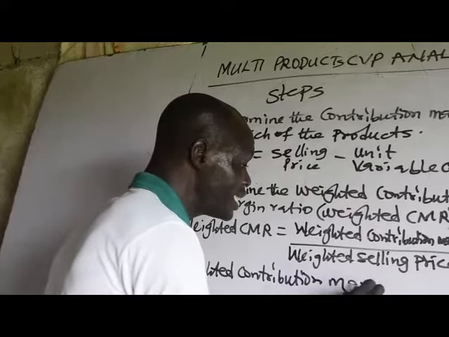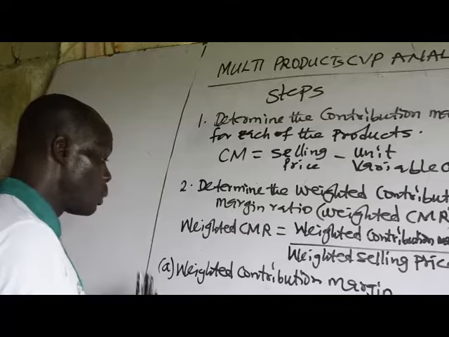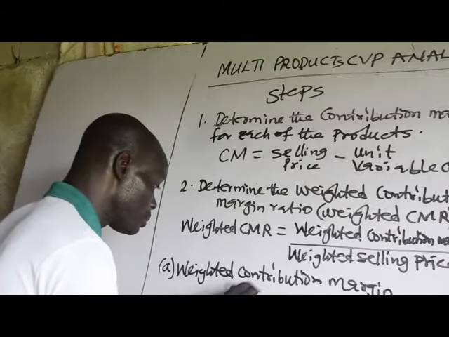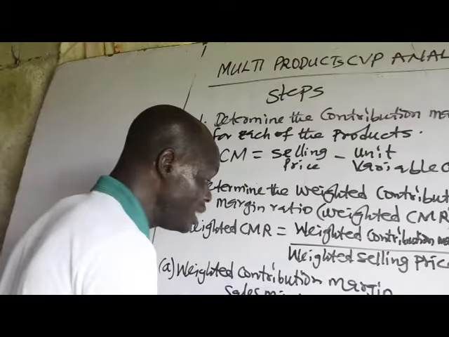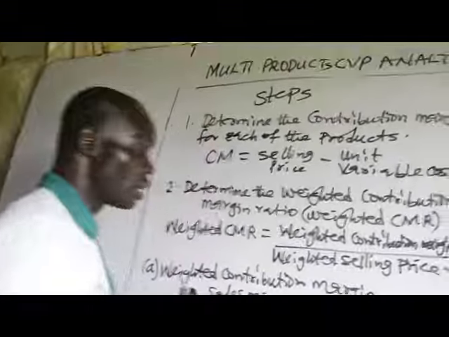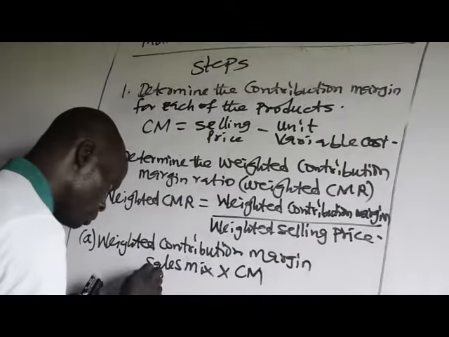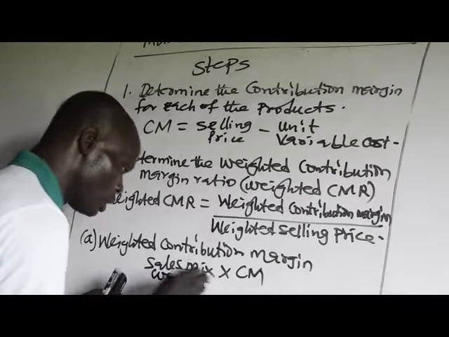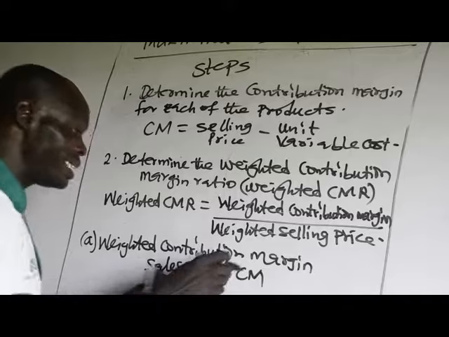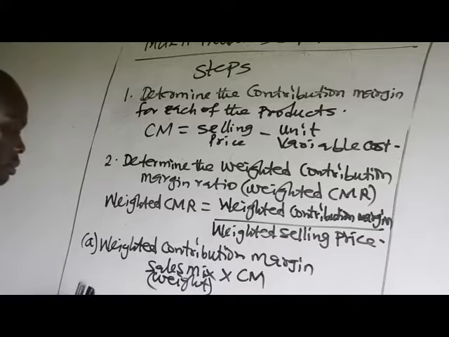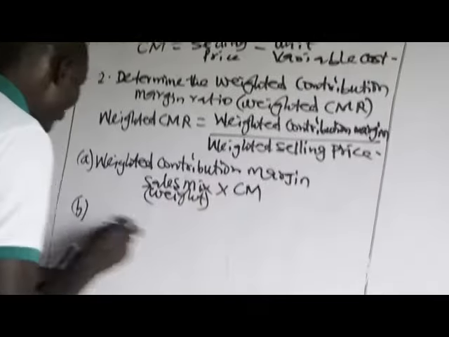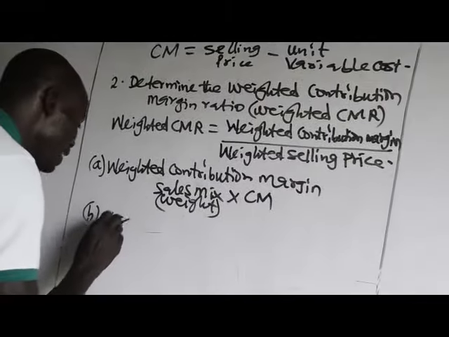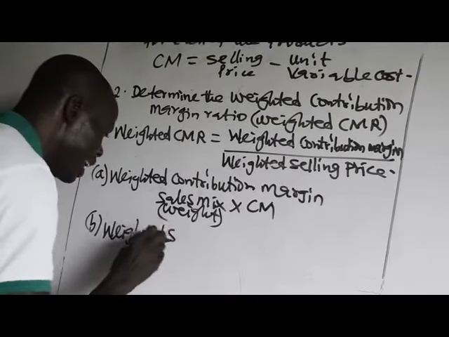To determine your weighted contribution margin, you multiply your sales mix or your weight by your CM. Number 2, weighted selling price.